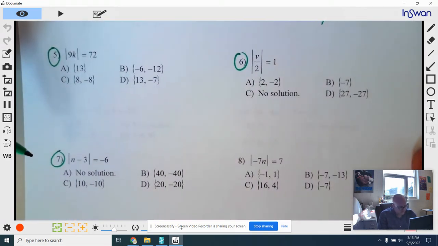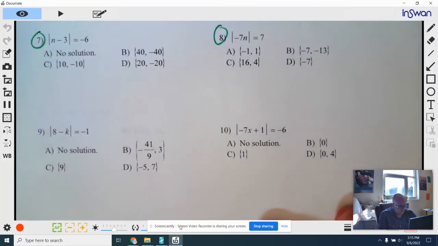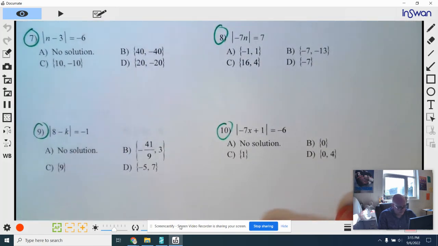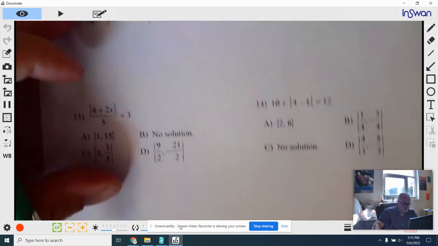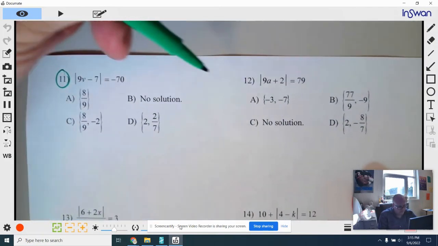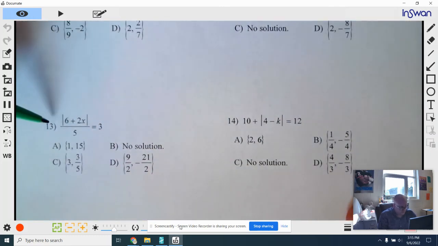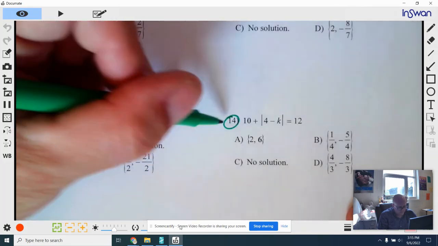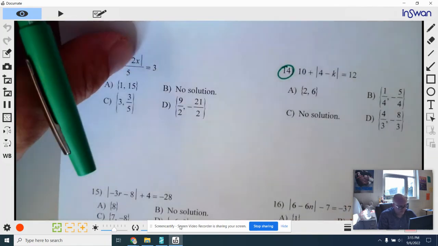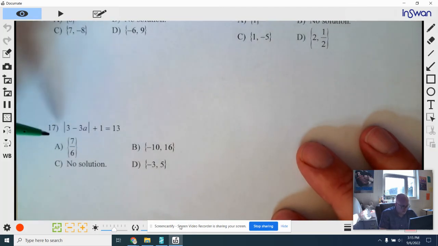Number 7. 8. 9. 10. 11. 12. 13. 14. 15. 16. And 17.